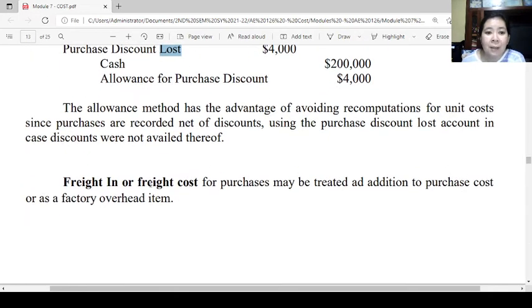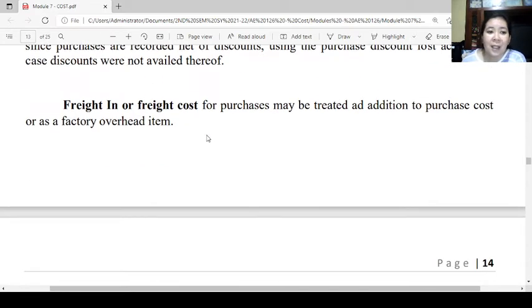Okay? So the allowance method has the advantage of avoiding recomputations for our unit cost because the discounts will be accounted for using their respective accounts. Aside from purchase discounts, the entity will also be encountering freight in or freight cost upon the purchase. So this freight in or freight cost can be treated either as an addition to our purchase cost or to factory overhead.